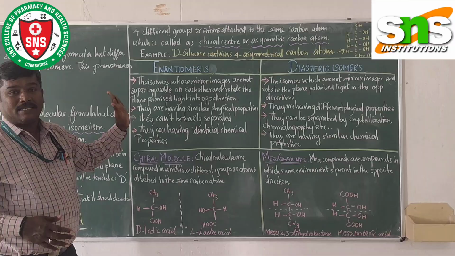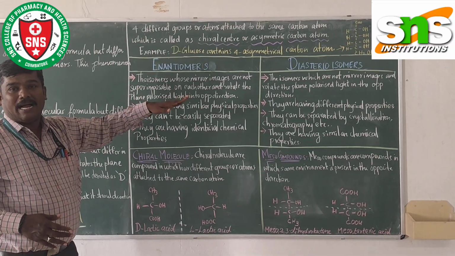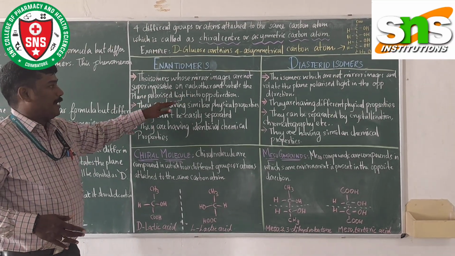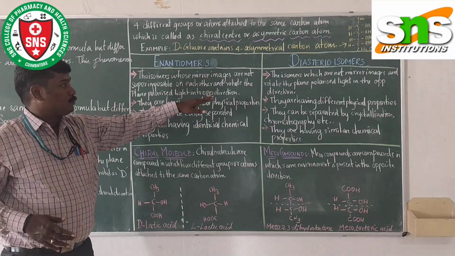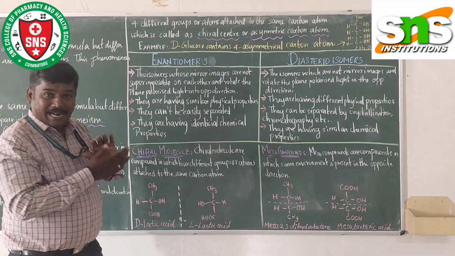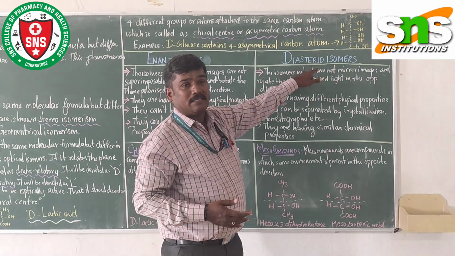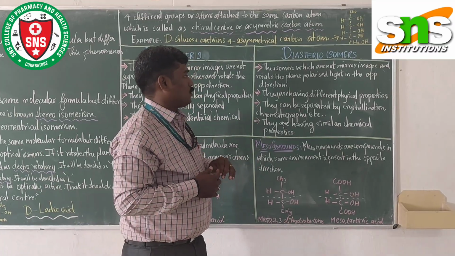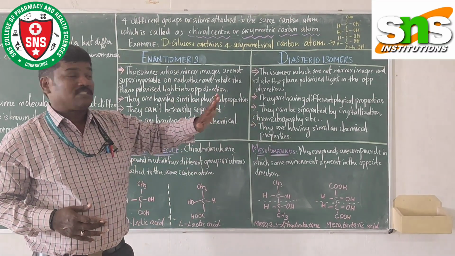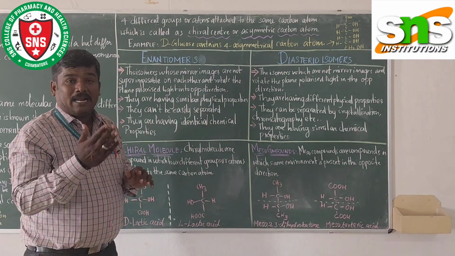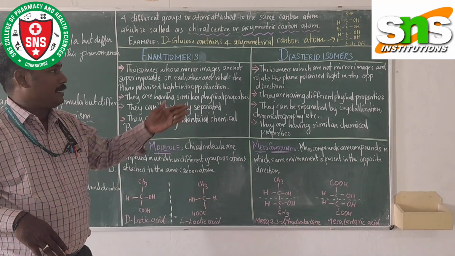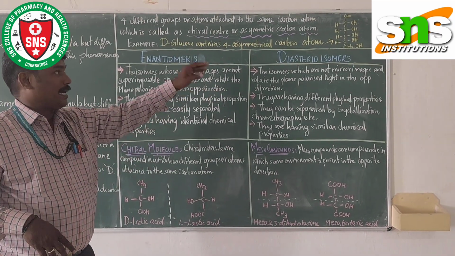Like our two hands, they are not superimposable on each other. They are mirror images, not superimposable, and rotate the plane-polarized light in the opposite direction. On the other hand, diastereoisomers are isomers which are not mirror images and rotate the plane-polarized light differently.